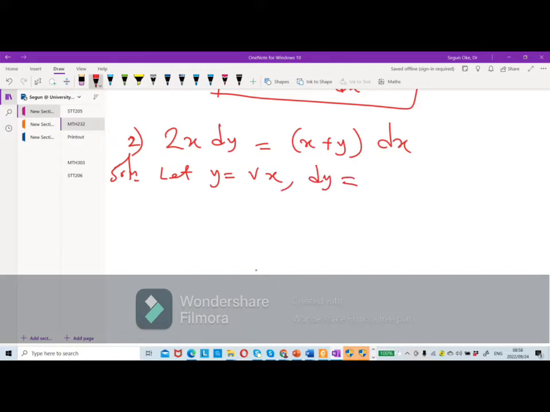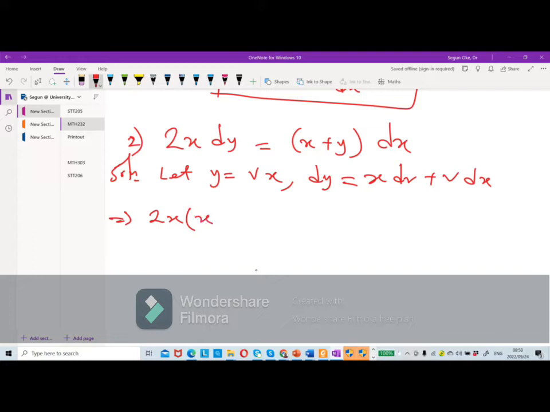Then I know dy will be equal to, like I told you the other time, x, I have the y already. You can also differentiate it by yourself. x dv plus v dx. So which implies that I have 2x. What is my dy?